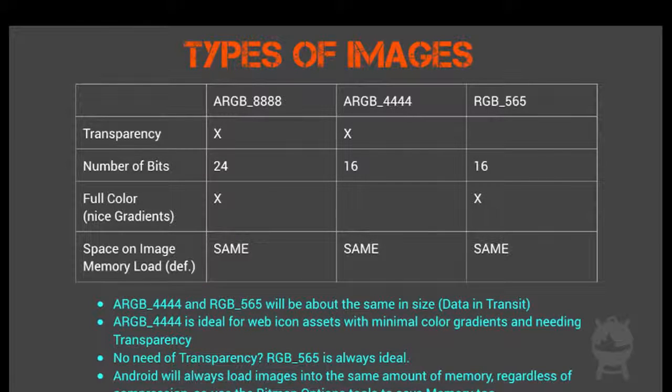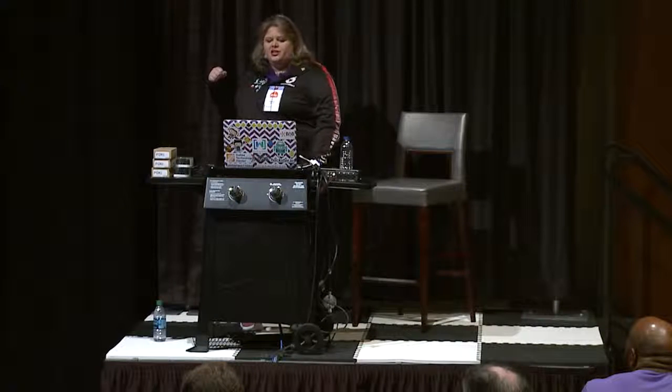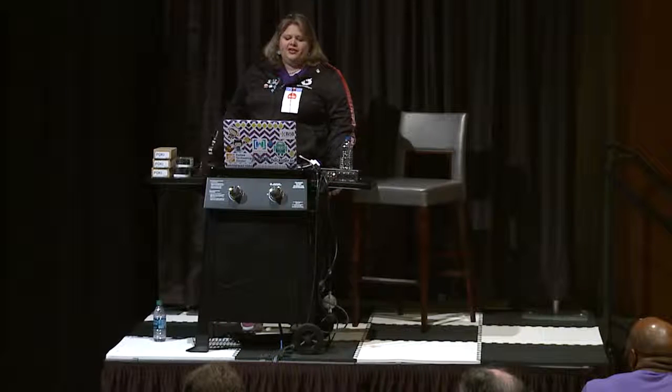It's awesome. But okay, well, I don't need transparency, but I would really appreciate having all that nice compression without losing anything, right? So we're not reducing the color space, we just take away transparency, and that gives you the RGB 565.